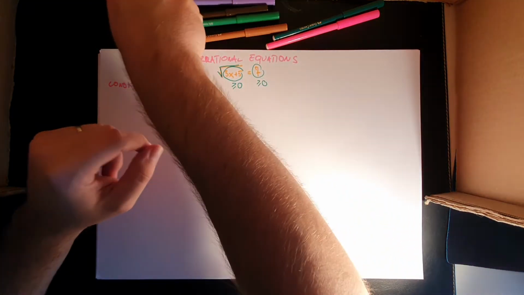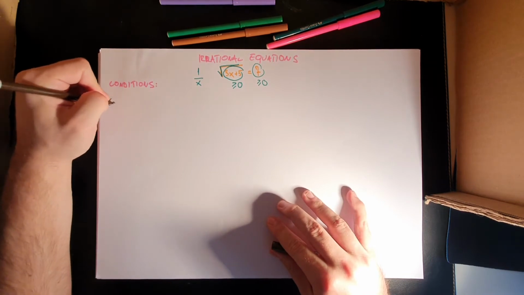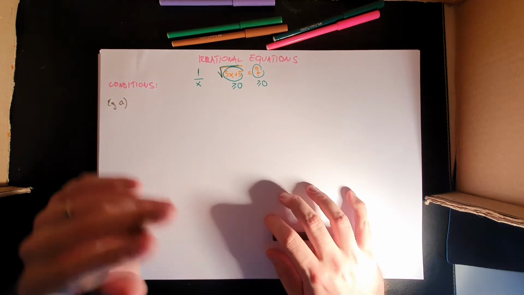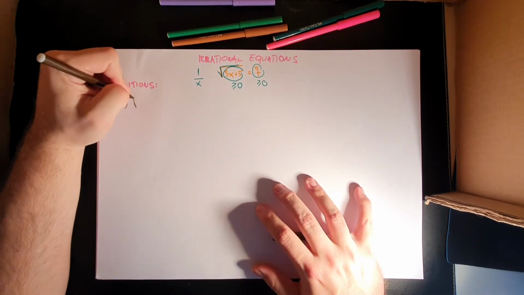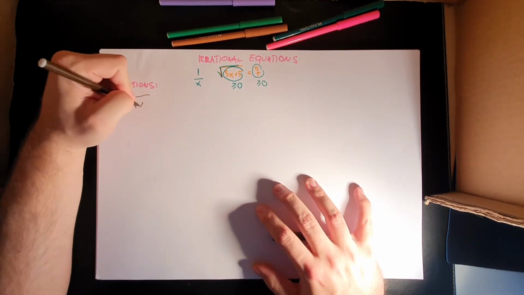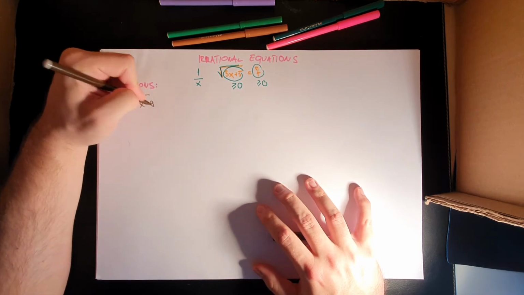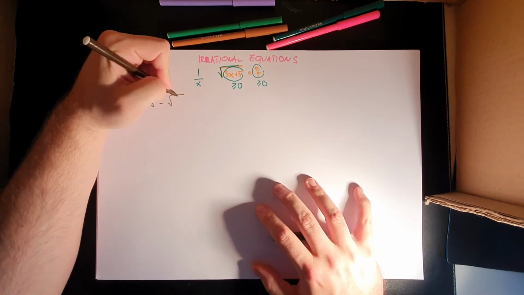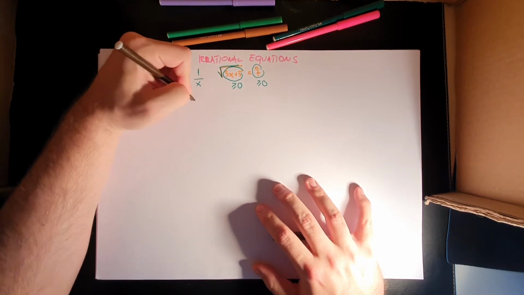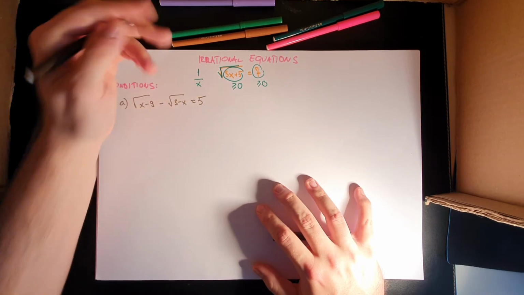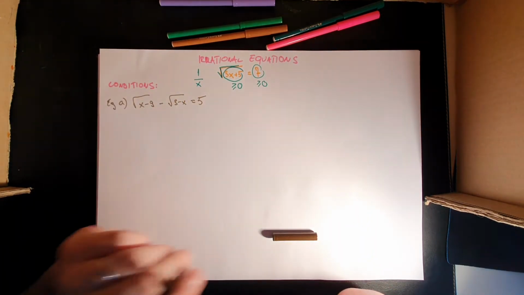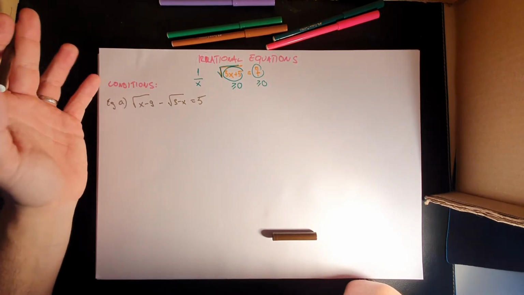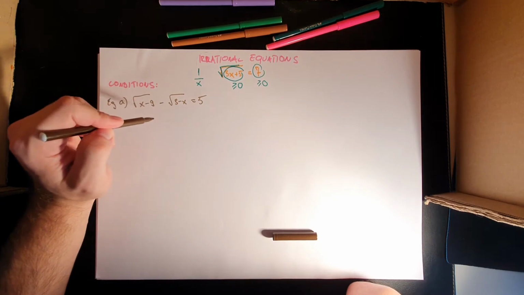Let's start with example A. In example A, I'm going to give you the following equation: square root of x minus 9 minus square root of 3 minus x is equal to 5. When you look at this, there are two irrational parts, basically two roots.